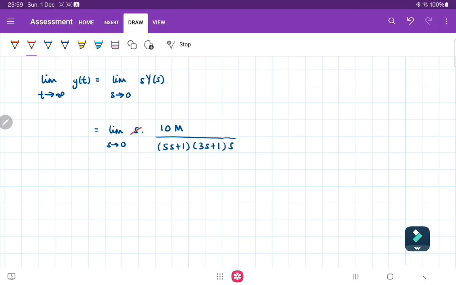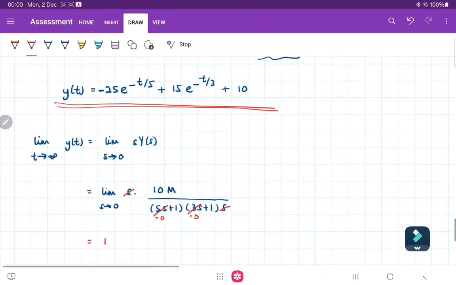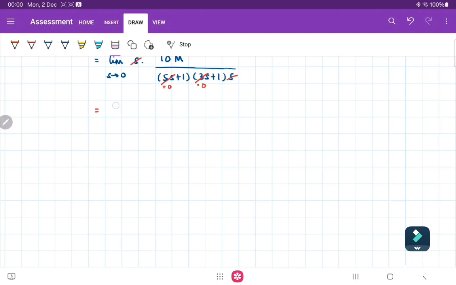Okay, so I can cancel that, and this is equals to 0. This also equals to 0. So it is equal to 10m. So this is the value for my y as t approaching infinity. Okay, all right, let's do part B.